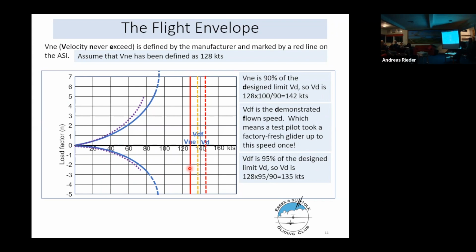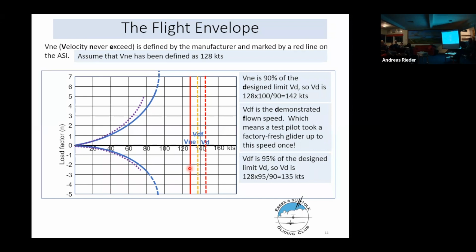So the test pilot has flown beyond VNE to VDF, but possibly that aircraft has only once ever been tested past VNE. John, do they only do that for the prototype? With every aircraft coming off? No, that's only done once for an aircraft type. It's not done for every aircraft.